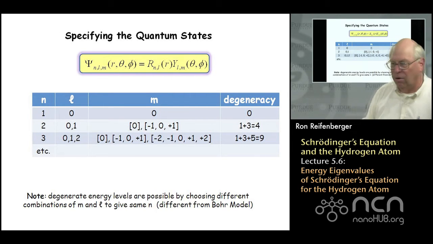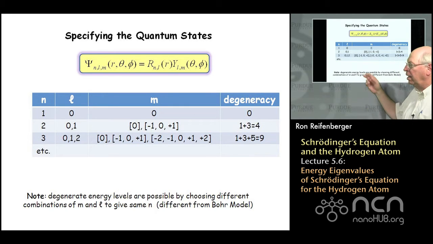So this table attempts to summarize the values of N, script L, and M that are allowed. I sequentially run through the principal quantum numbers 1, 2, 3.